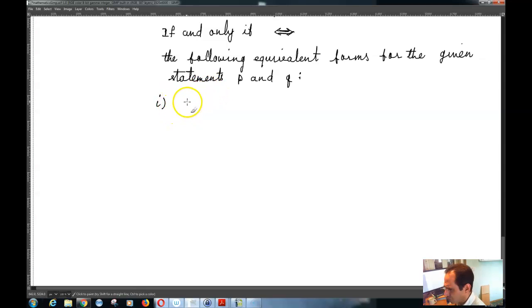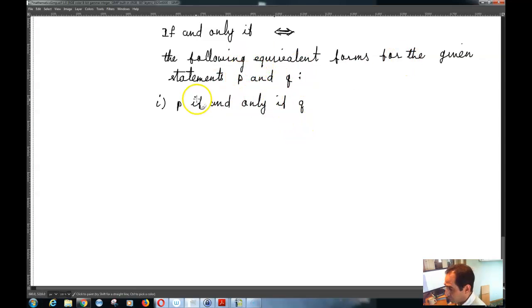Now, I don't understand really what this part means. The sentence that I see here is: if and only if, represented by this symbol, means the following equivalent forms for the given statements P and Q, which makes no sense as far as I can understand.